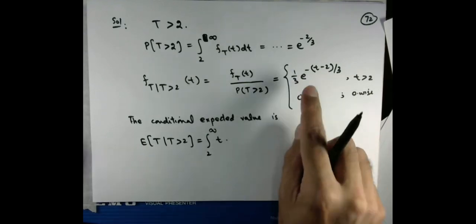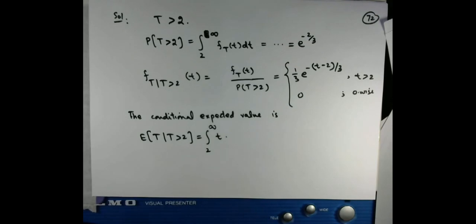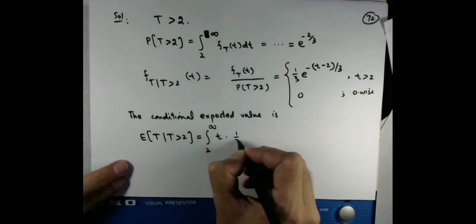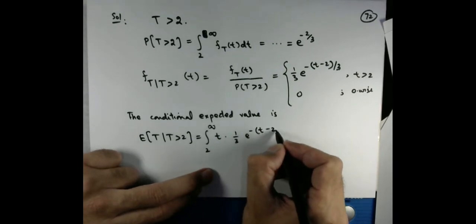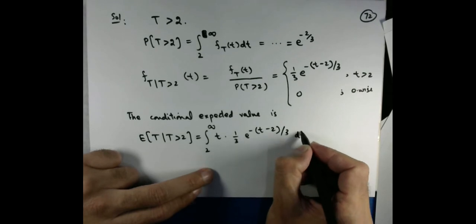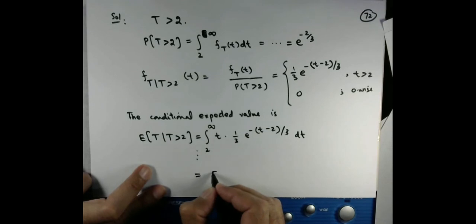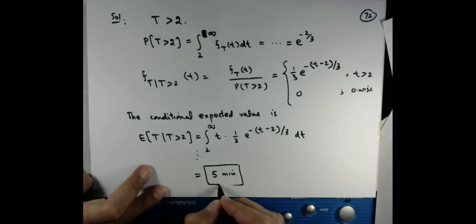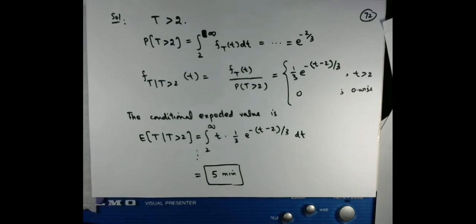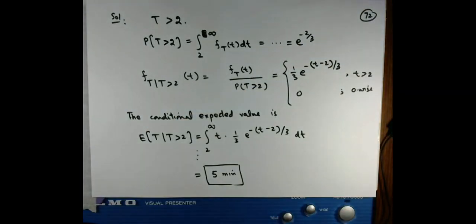So we'll use the conditional PDF, which is 1 by 3 e raised to power minus (t minus 2) divided by 3 dt, and you integrate this and you will arrive at 5 minutes. So for all those calls which are at least 2 minutes long, the average call duration is 5 minutes.